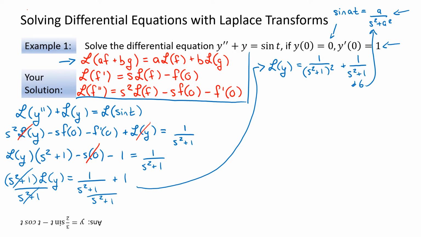If we look at our table, the only one that satisfies that is number 15. And number 15 is sine of at minus a times t cosine of at is equal to 2 times a cubed divided by s squared plus a squared all squared.